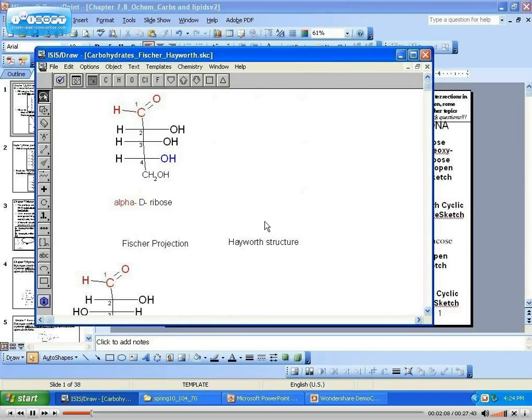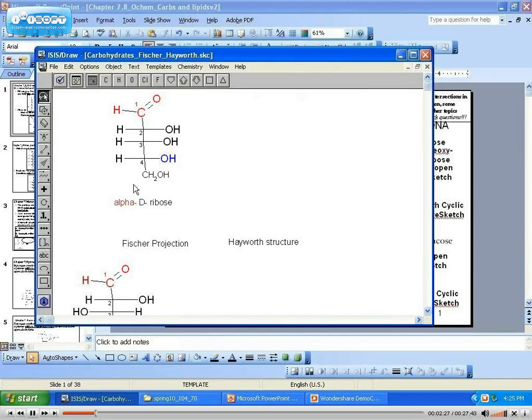So, next thing we need to do, and I'll talk about alpha in a second, but for right now, what we need to do is create the Haworth structure. But before we do the Haworth structure, let me point out a couple of other things.